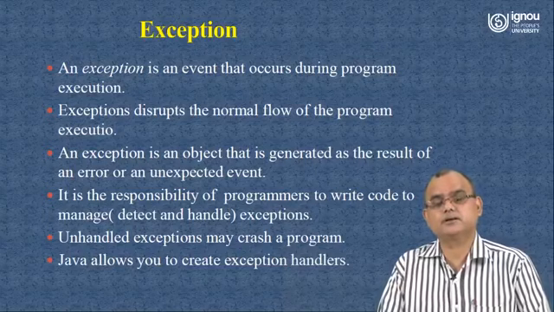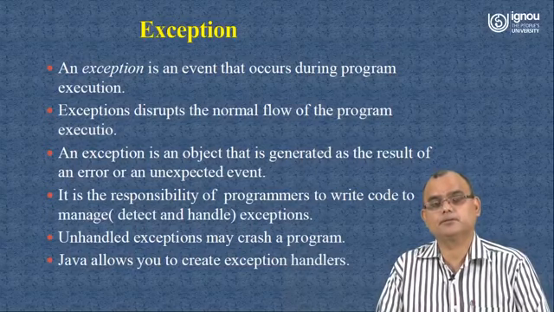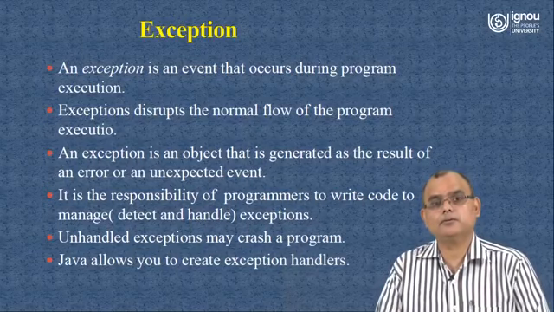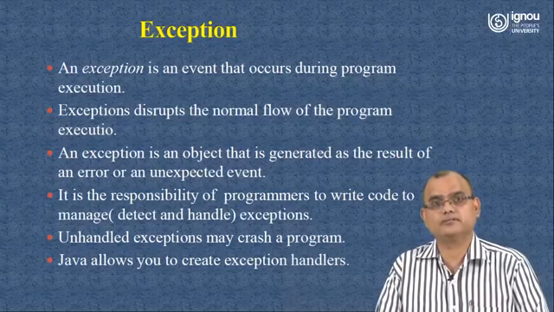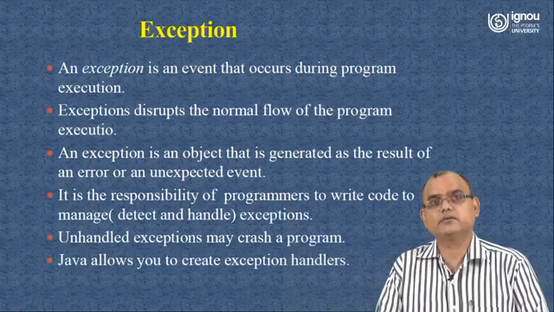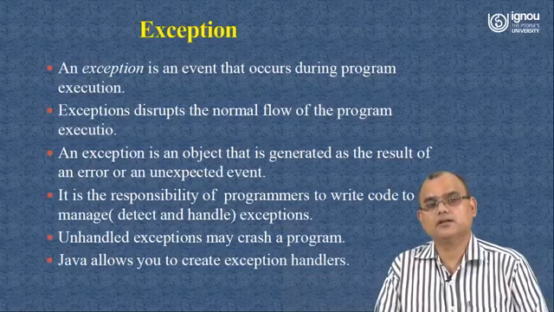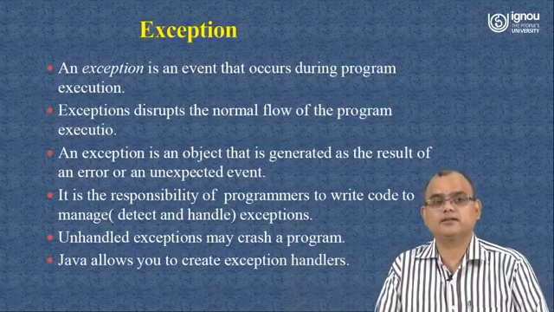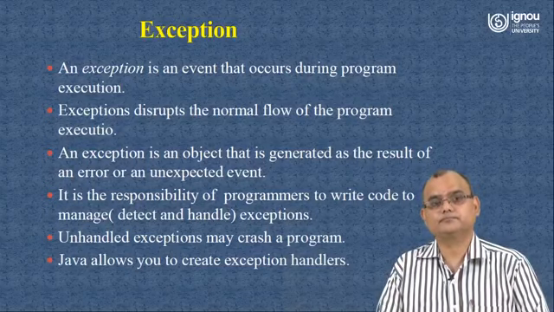It means it disturbs the normal flow of execution. From the point where the exception occurs, the control of the flow is not there. The control goes to some other place where some mechanism is there to handle the exception, or there is some default mechanism of the JVM which handles that exception, and the program terminates abnormally.